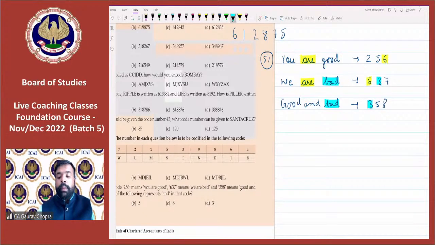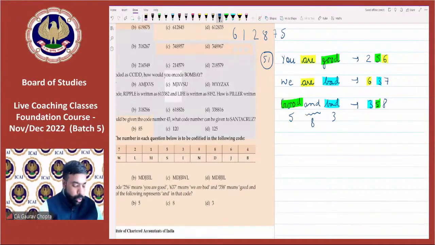So bad is 3. If we compare first and third, good is common, and in numbers, 5 is common. So what is left now? And. In the third statement, and is left. We know that good is 5, bad is 3, so and will be 8. So the correct answer for and will be 8.